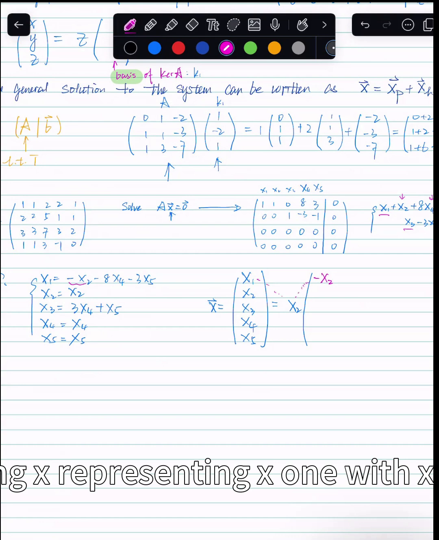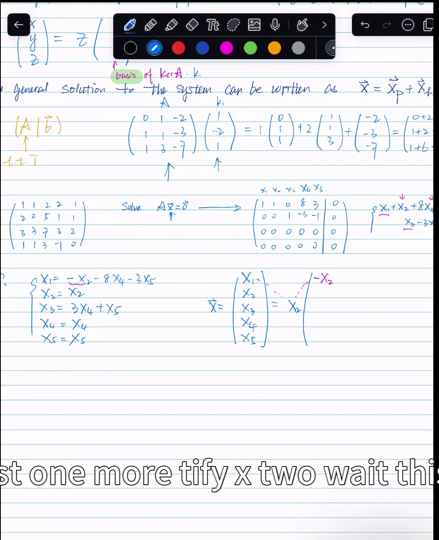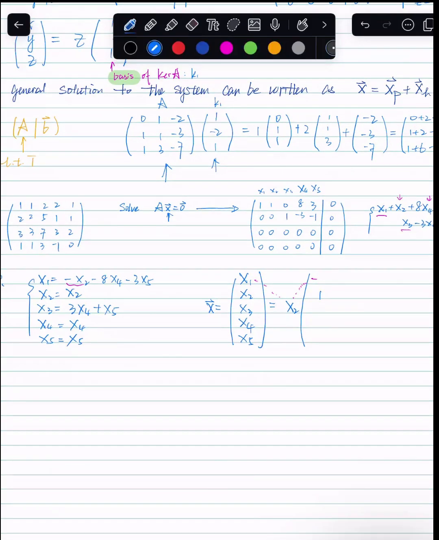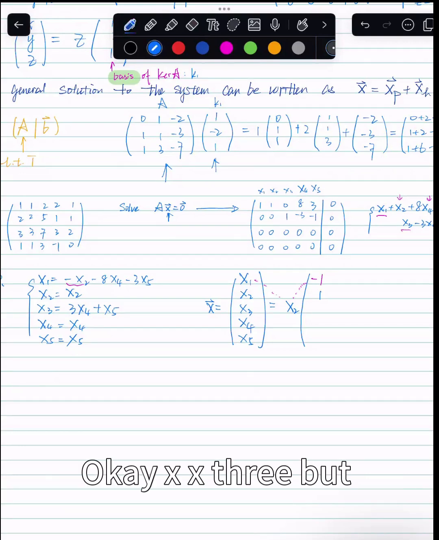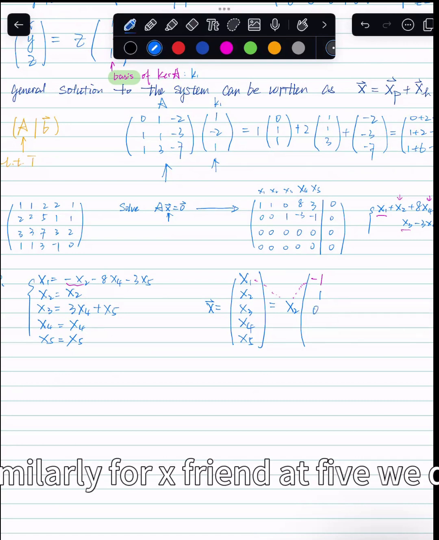So that's a negative x2. And x2 is just 1 multiplied by x2. For x3, we do not need x2 to represent x3, so this will be a 0. And similarly for x4 and x5, we do not use x2 to represent them.